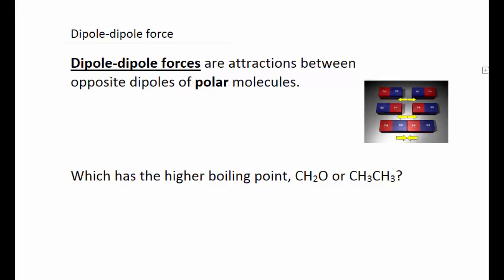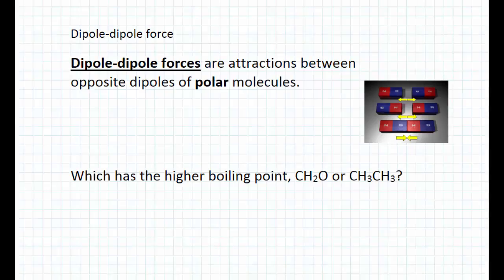Dipole-dipole forces are a different intermolecular force. They're attractions between opposite dipoles of polar molecules only. Okay? So if we have a polar molecule, everything has dispersion forces, but a polar molecule now also has these dipole-dipole forces. So let's draw a quick polar molecule here. Let's draw HCl.